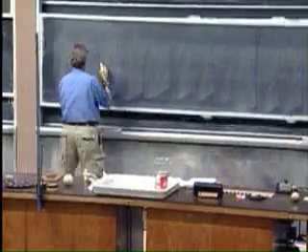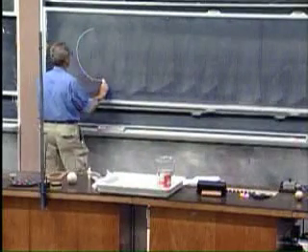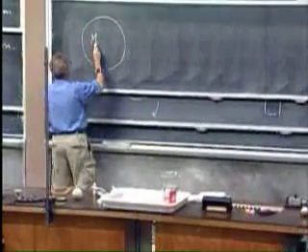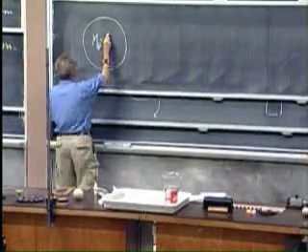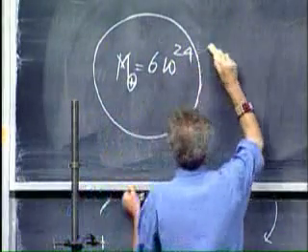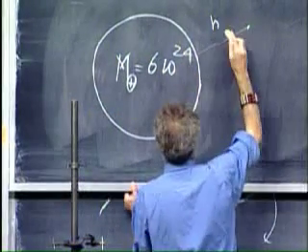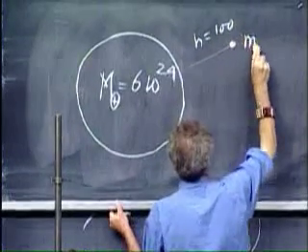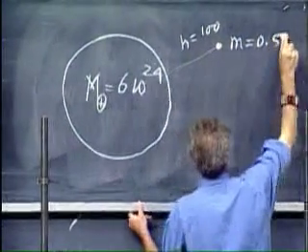So here's the Earth, and the mass of the Earth is about 6 times 10 to the 24 kilograms. And here at a distance h, for which we will take 100 meters, is this apple M, which, say, has a mass of half a kilogram.